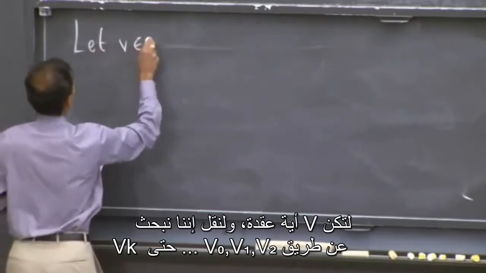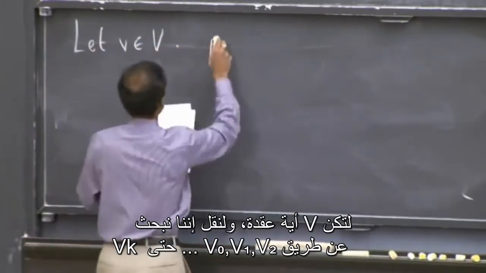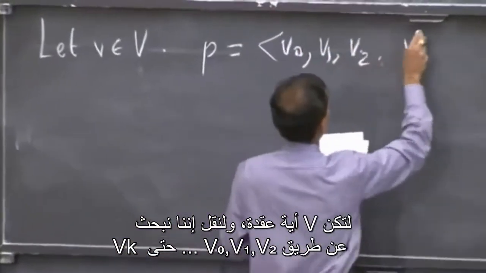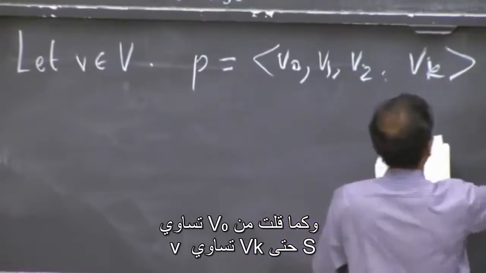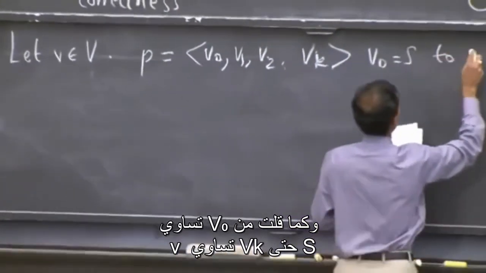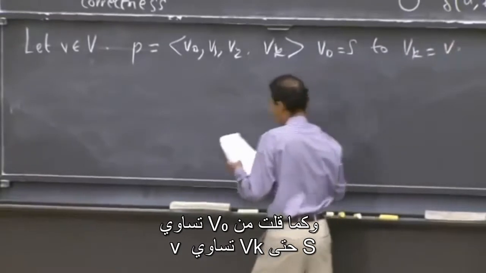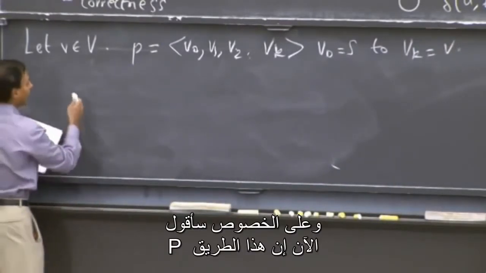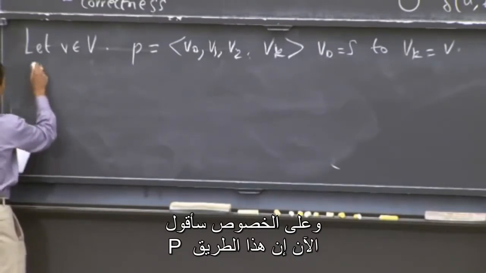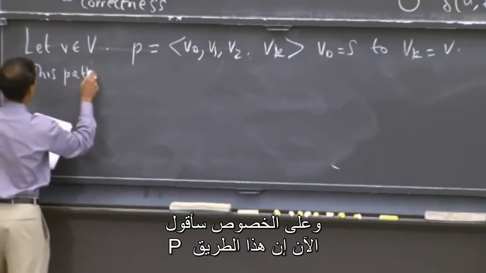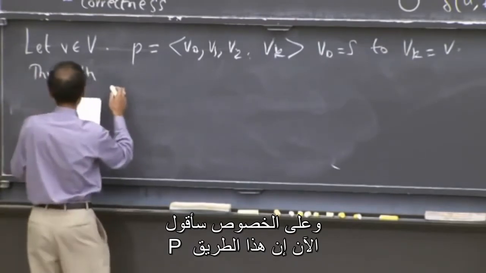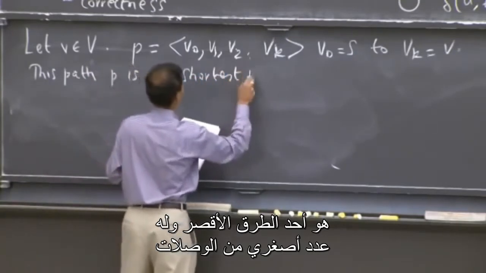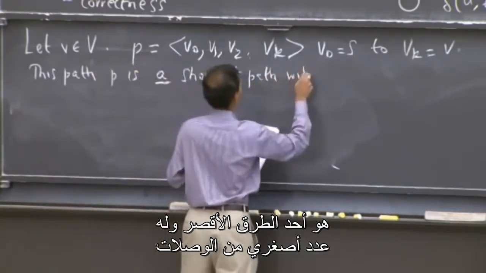So let V be any vertex, and let's say that we're looking at a path V0, V1, V2 to Vk, from V0 equals S to Vk equals V. In particular, I'm going to say that this path P is a shortest path with the minimum number of edges.